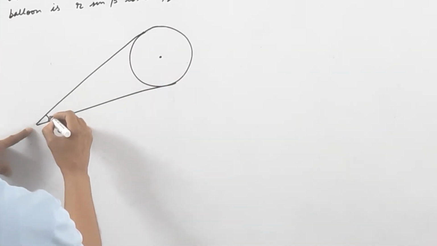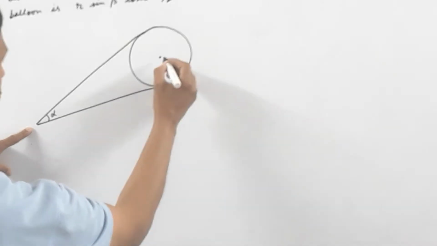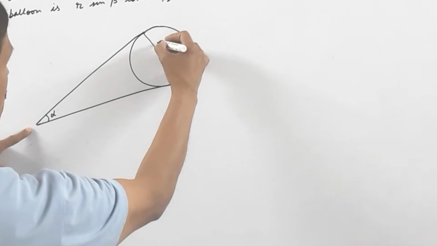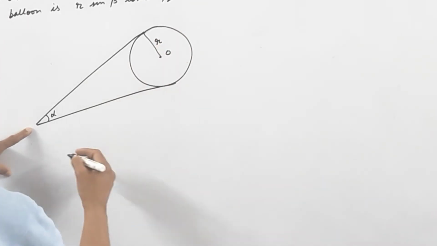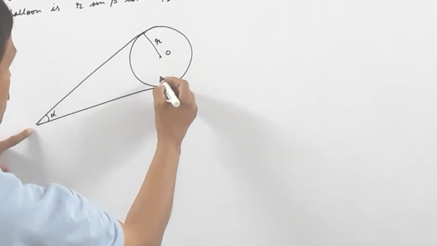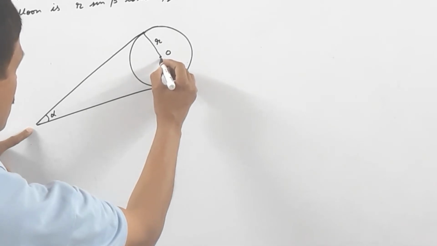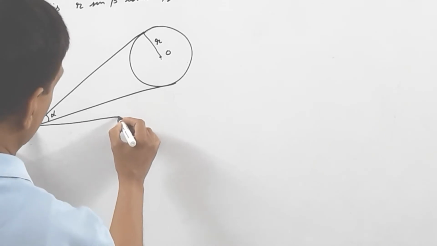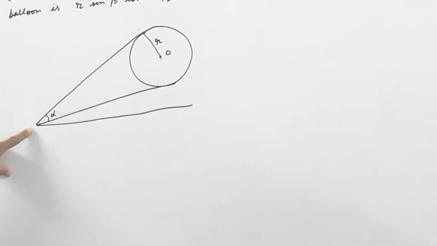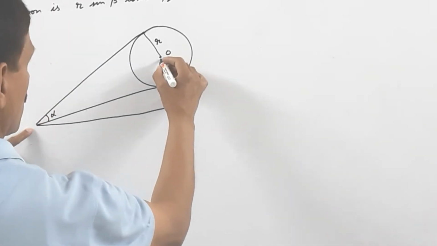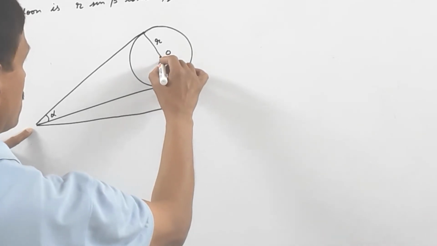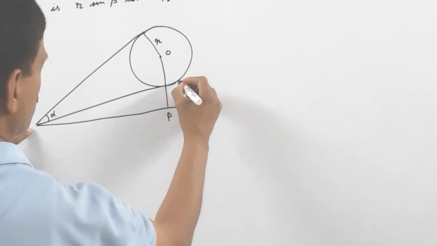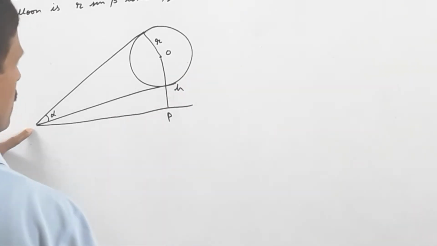This is center O. Its radius is r. This is the ground. The height of the center is OP, which is equal to h.